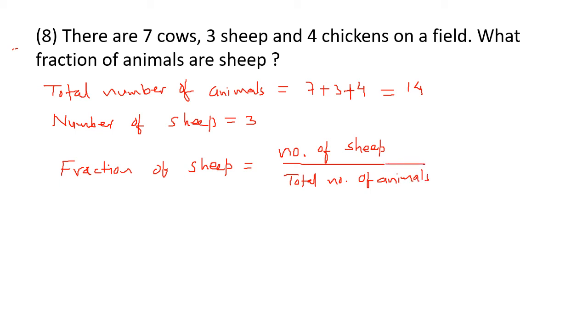Okay, and this is equal to 3 over 14. That's it. So the answer of this question is the fraction of sheep of total animals will be 3 over 14. You know, after this chapter, we'll start multiplication and division of fractions. So our next video will be on multiplication and division of fractions.